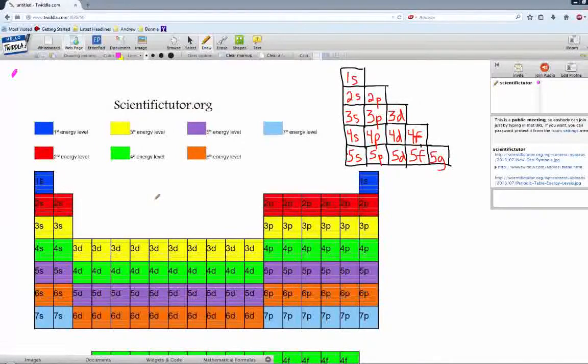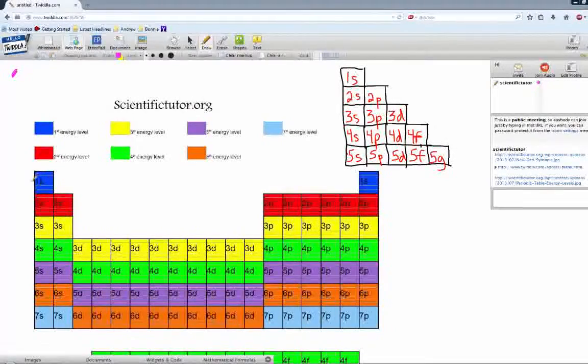It starts off with energy level 1 and in theory goes to infinity, but the periodic table only shows 7 energy levels. What energy levels allow us to do is to separate some orbital types from other orbital types.